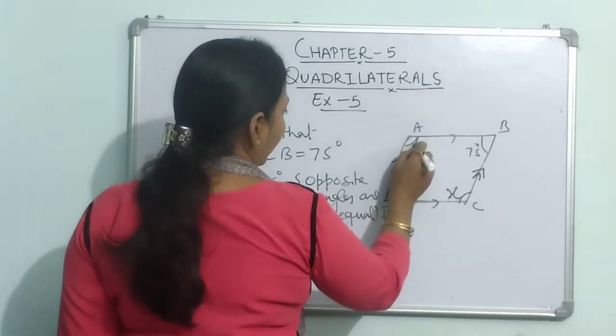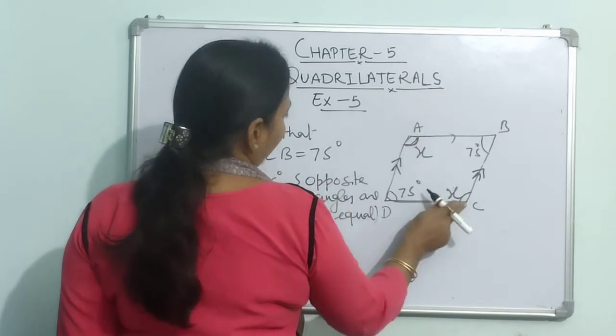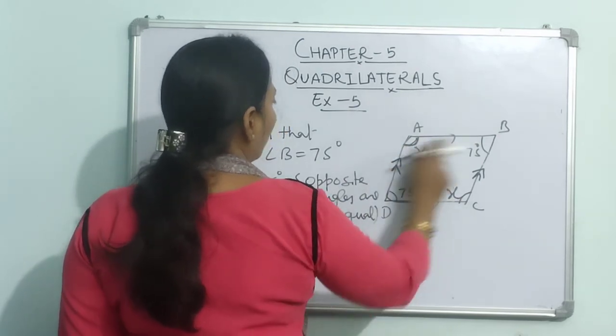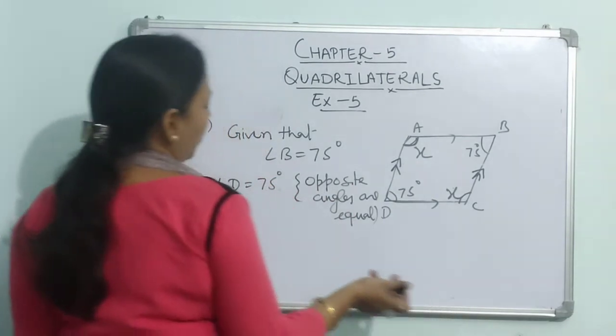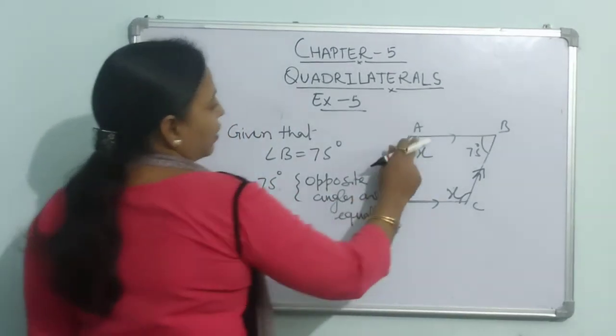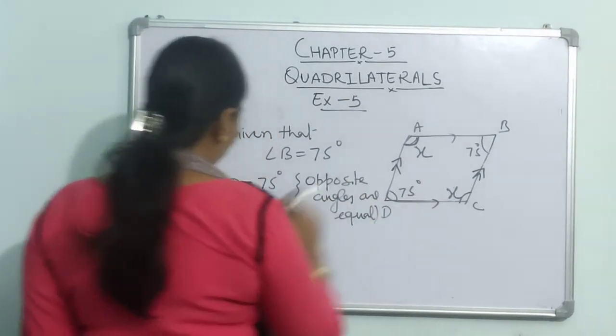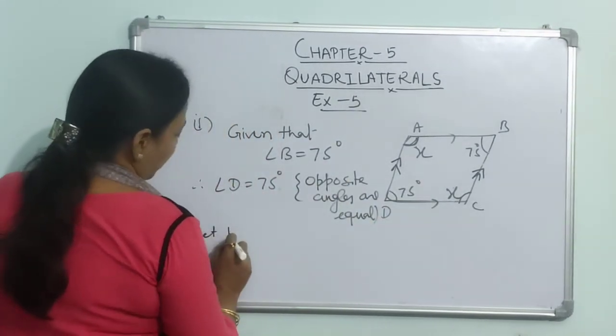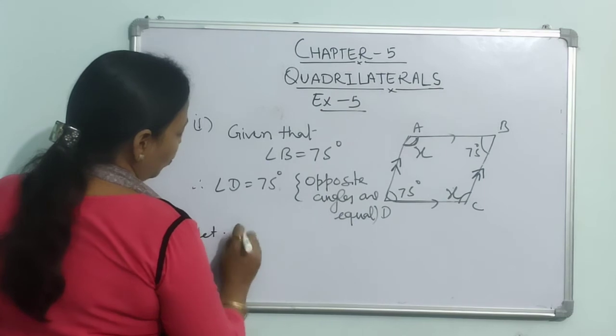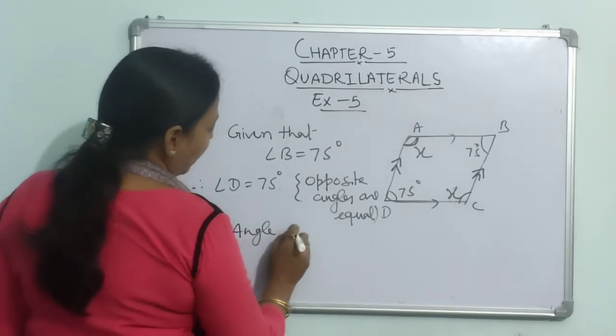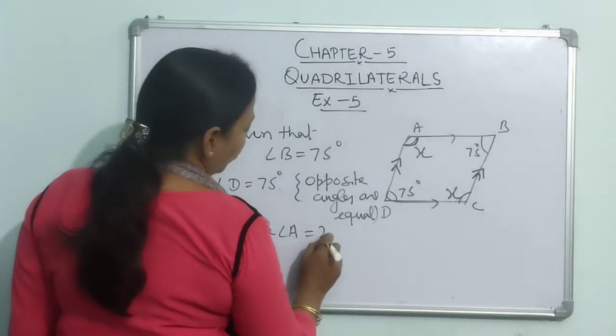If you find angle A, then this angle will be equal to that. Another property of the parallelogram we will use here, that two adjacent angles are supplementary. So here let angle A be equal to x.